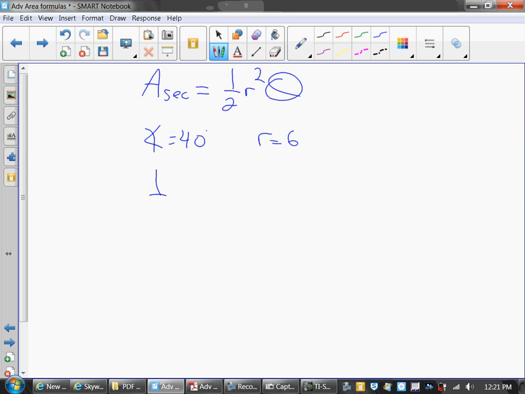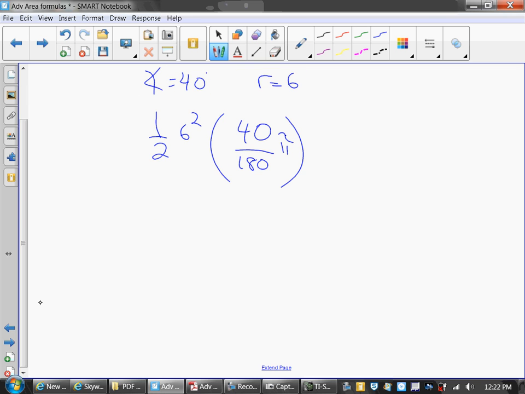So you take 1/2 of 6 squared times the 40 over 180, slap a pi next to it. Once again, simplify your fractions as you're going. What's 6 squared? What's half of 36?